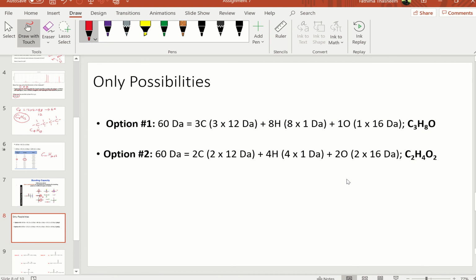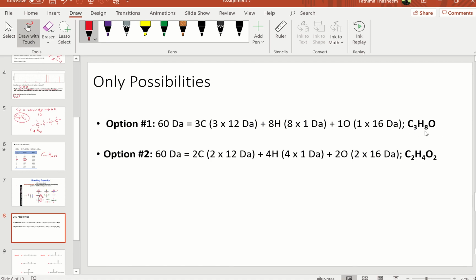So our next option is C3. When we think of C3, these are the 2 options we can come up with: C3H8O, or the next possibility, C2H4O2. Once we have that, we have to start drawing the structures.